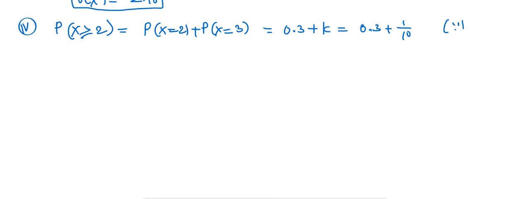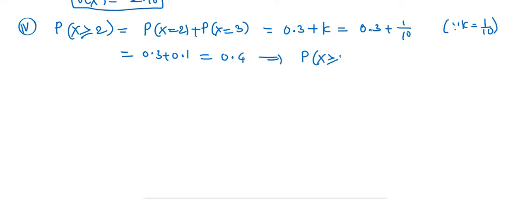Why? Because k equal to 1 by 10. This is equal to 0.3 plus 0.1 is equal to 0.4. So, probability of capital X greater than or equal to 2 is equal to 0.4.